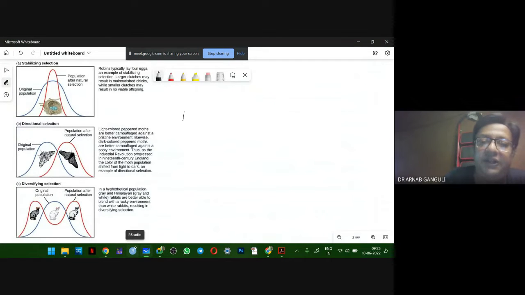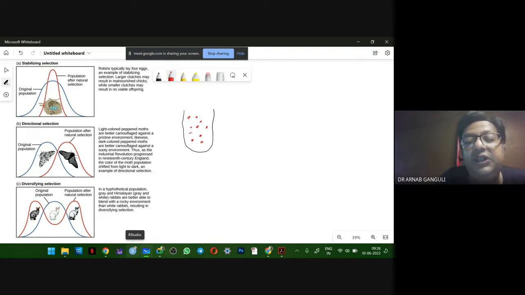You have a bottle in the first generation. In this bottle, you have lots of red balls. It's a small population: 1, 2, 3, 4, 5, 6, 7, 8, 9, 10. You have 10 red balls only, and say 5 yellow balls.